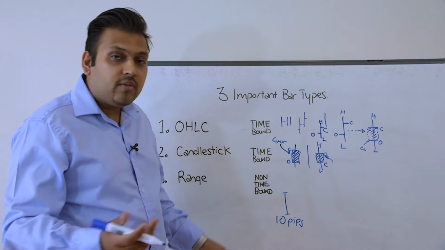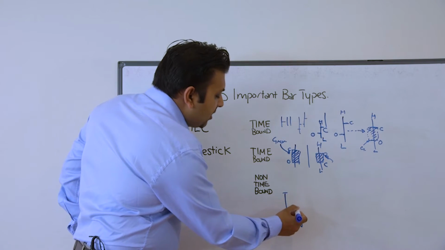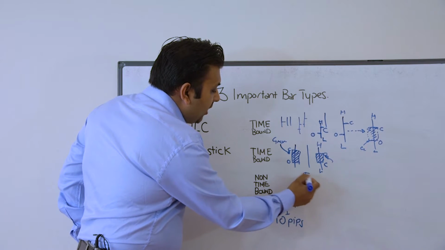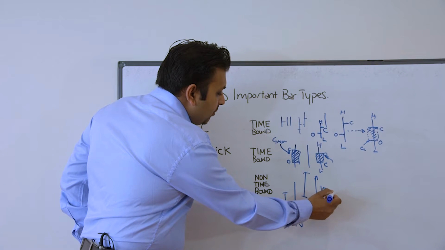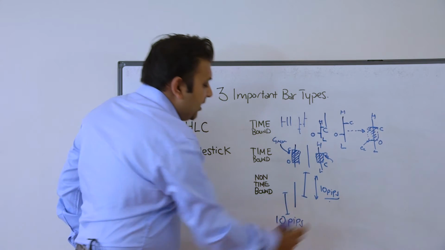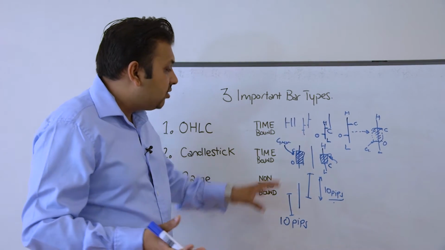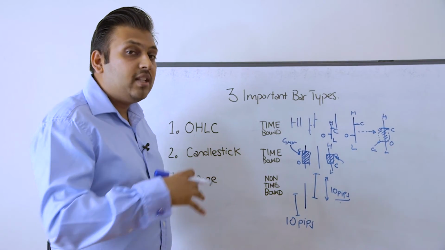But once 10 pips is covered, you will see all of the bars that form have the same height, which is 10 pips. And this, of course, is a completely different type of bar pattern that you can use when trading the market.